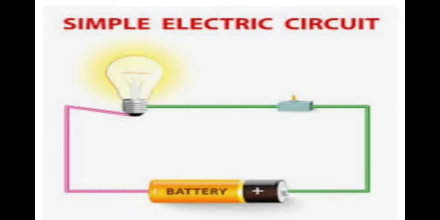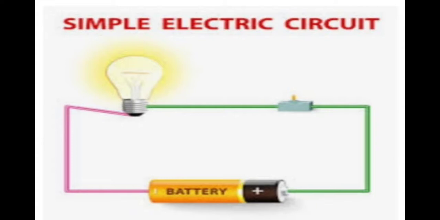Instead of a bulb, if you place a fan, what type of energy transformation takes place? Electrical energy is converted into mechanical energy, which helps in rotating the fan. Suppose you place a heating device in the circuit, what happens?